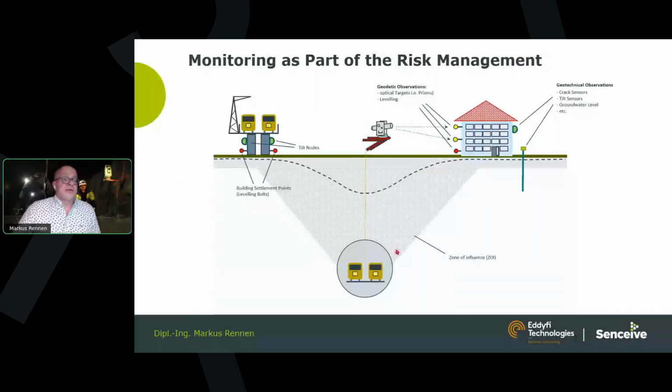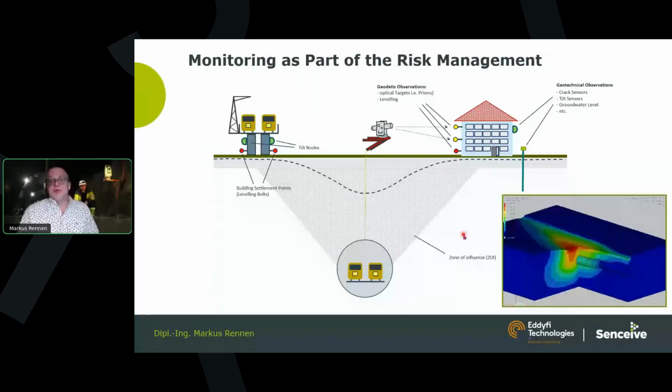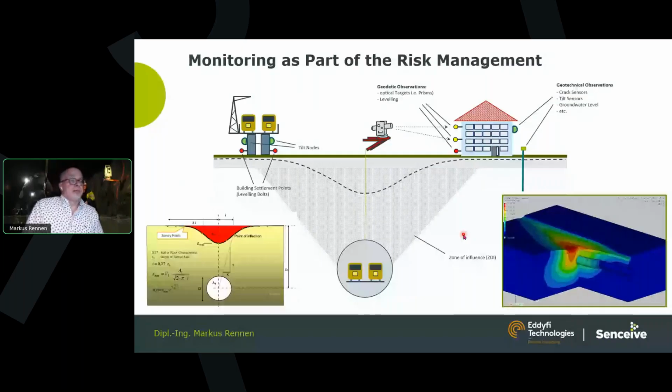We are digging a long hole that destabilizes the ground and, of course, affects the surroundings. This can be modeled, for example, in a finite element model, and by certain formulas and experiences, we can estimate and predict the behavior.